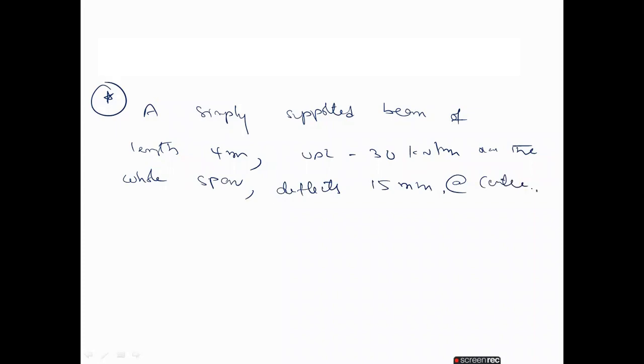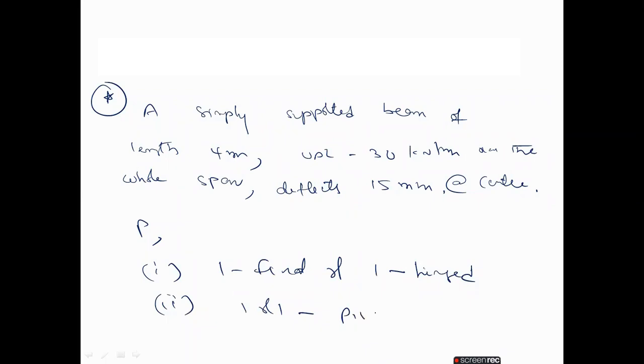Okay, so now we have to determine the crippling load P. The first condition is one end is fixed and the other is hinged, and the second condition is both ends are pin jointed.